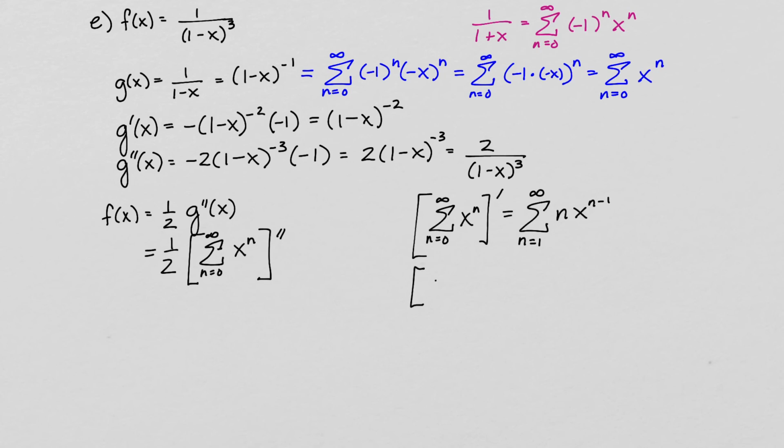And now we want to take the derivative of that. So n equals 1 to infinity of n x to the n minus 1. Same thing, it's just the power rule again. That first piece is going to go away. So this is going to be n equals 2 to infinity, n times n minus 1, x to the n minus 2.